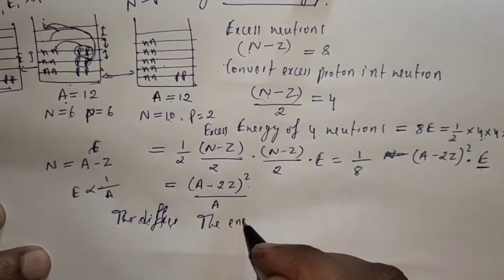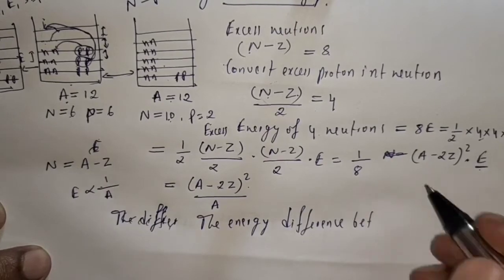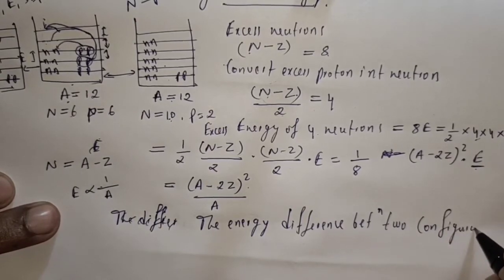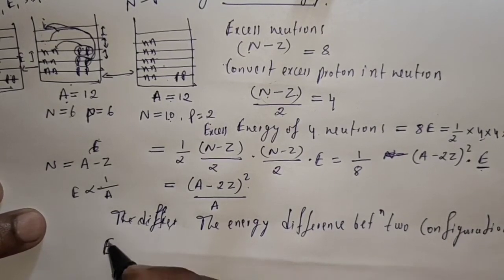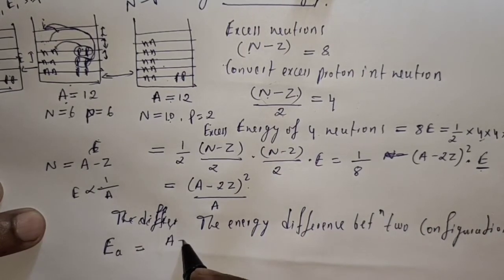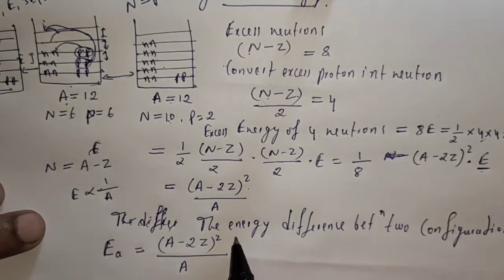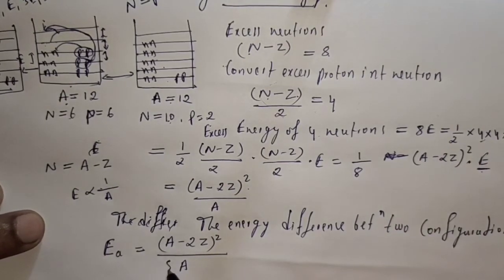The energy difference between two configurations, which is equal to E_A, that is asymmetric energy, which is equal to A minus 2Z whole square divided by A. This is the energy difference between two configurations, or asymmetric energy.